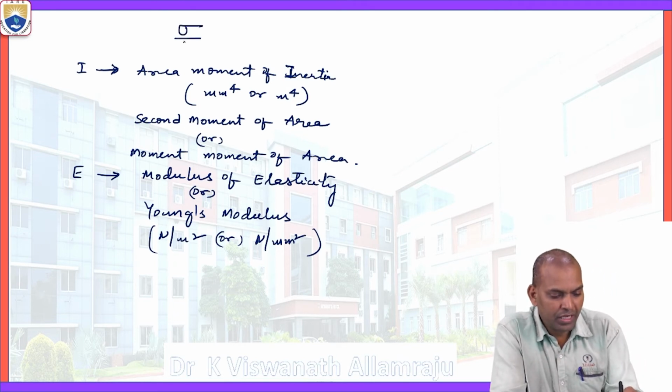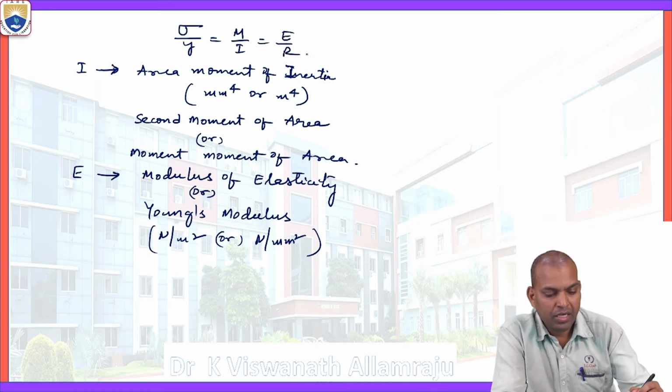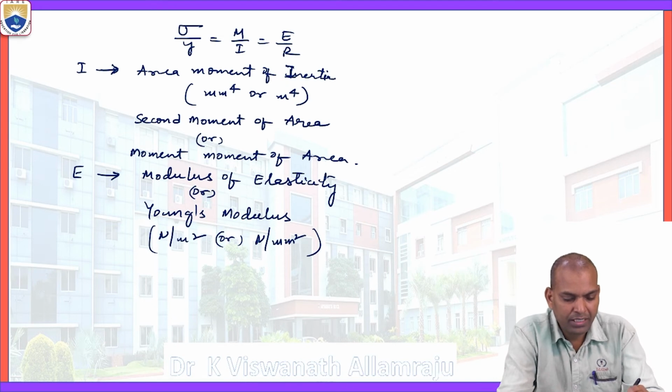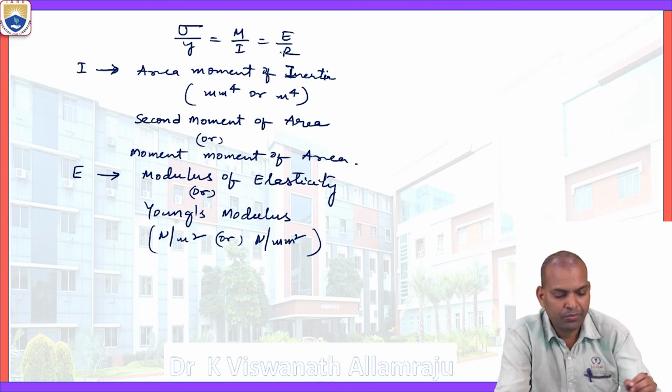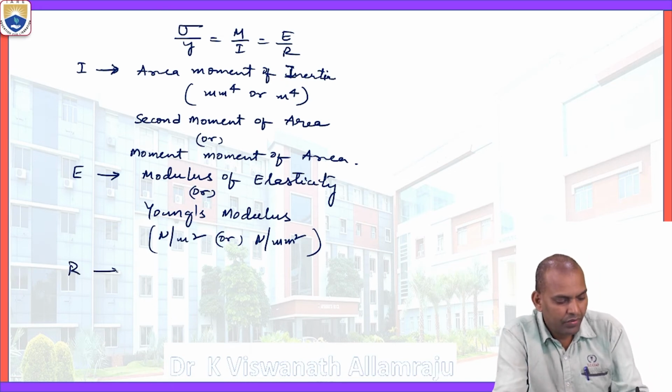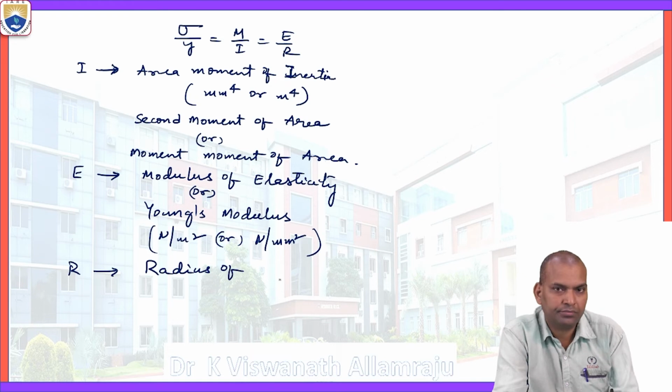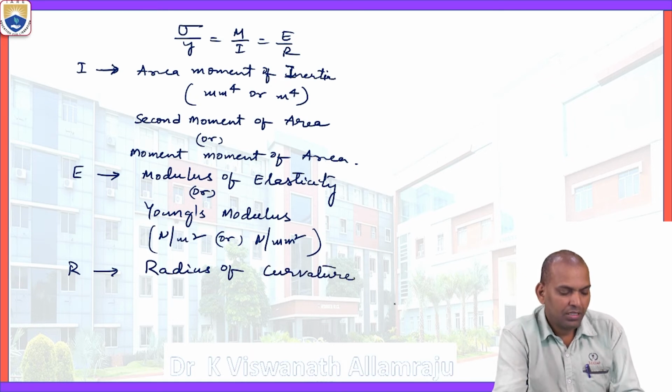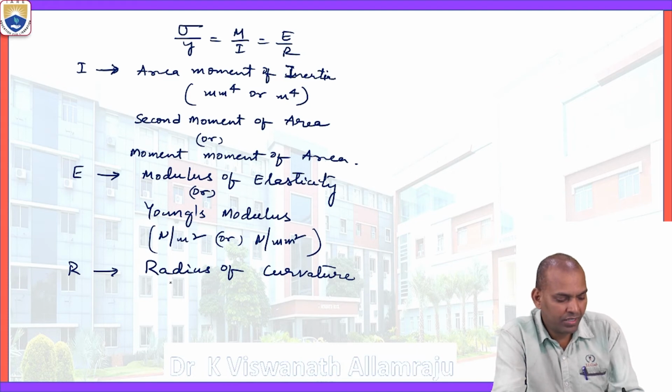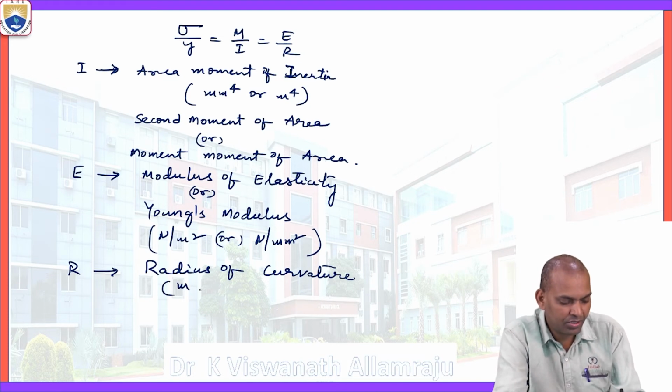Pure bending equation: sigma by y equal to M by I equal to E by R. We covered sigma, y, M, I and E. What about R? R is the radius of curvature. The unit for radius of curvature is meters or millimeters.